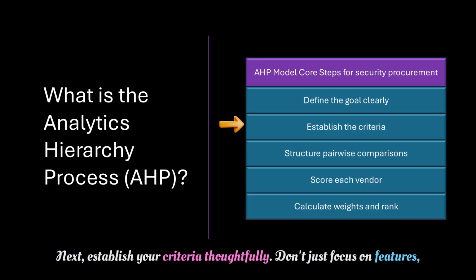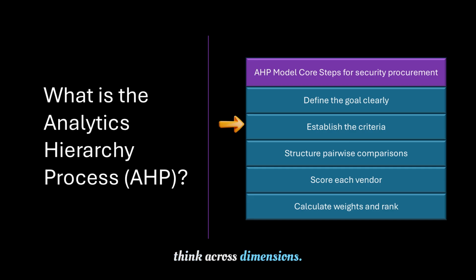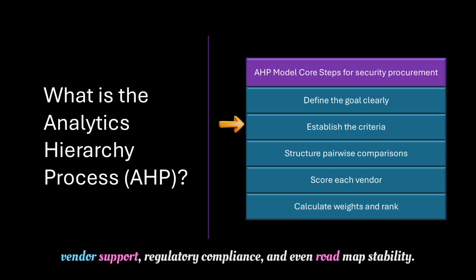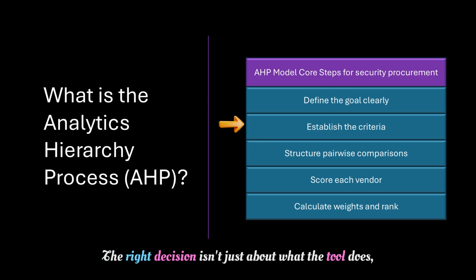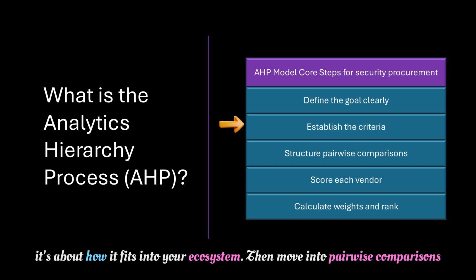Don't just focus on features. Think across dimensions. Include things like technical fit, integration capability, scalability, pricing model, user experience, vendor support, regulatory compliance, and even roadmap stability. The right decision isn't just about what the tool does. It's about how it fits into your ecosystem.